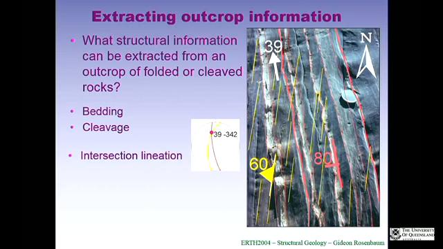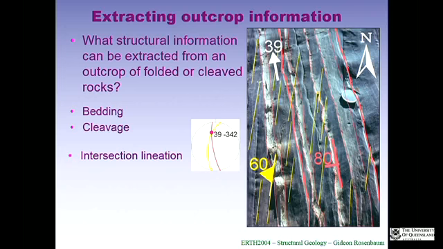So even in the outcrop, we can take a measurement. We can calculate it with our iPhone, and we can make sure that we get consistent results. This is what we get for these two. We plot the cleavage here, we plot the bedding, and we get an intersection of 39 to 342. So that is the intersection lineation. We worked it out. That's excellent.